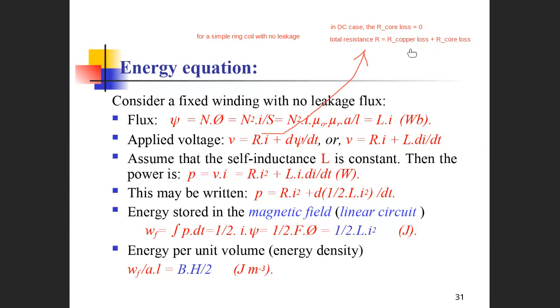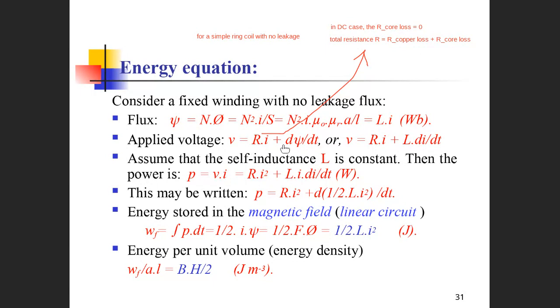But here I suddenly say that the total resistance includes two parts. That's because in the DC case the core losses resistance can be ignored because it is zero. So there are no conflicts between them. Therefore, this is the meaning of total resistance.